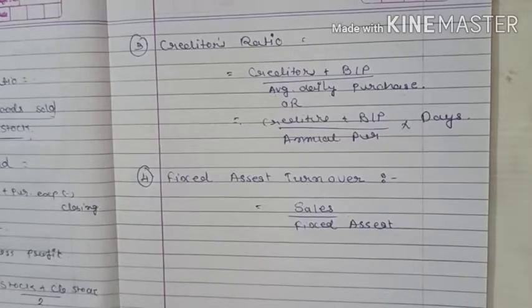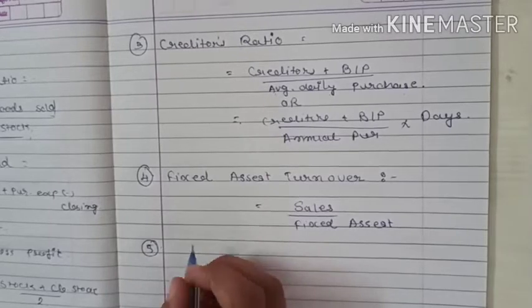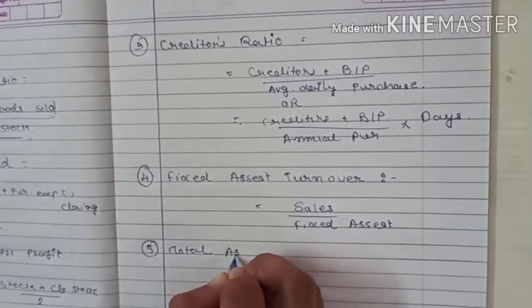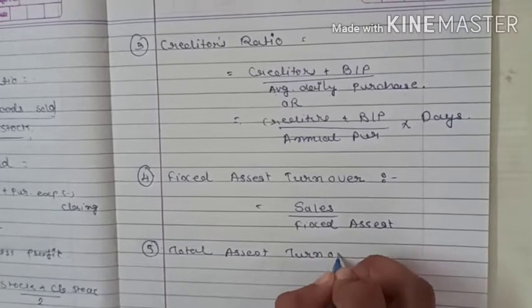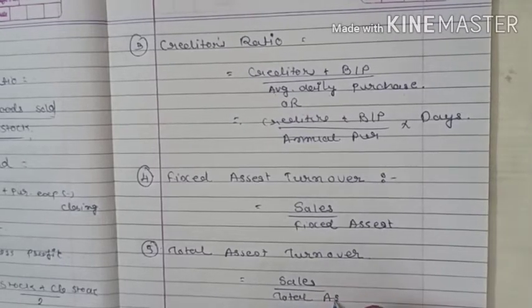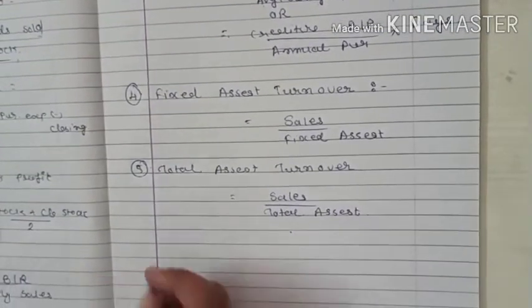Simple. Now, fifth, it is total asset turnover: sales divided by total assets.